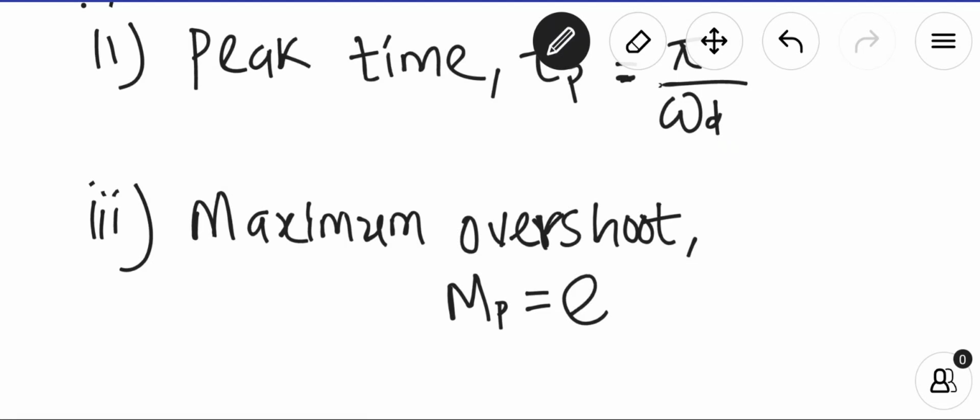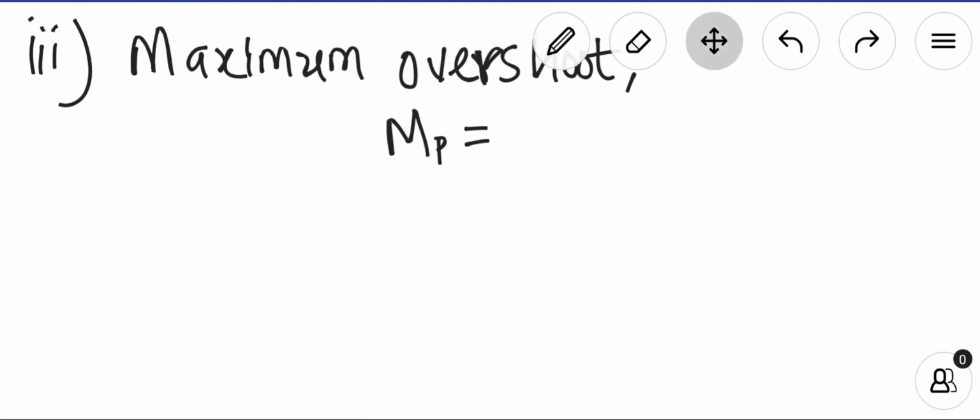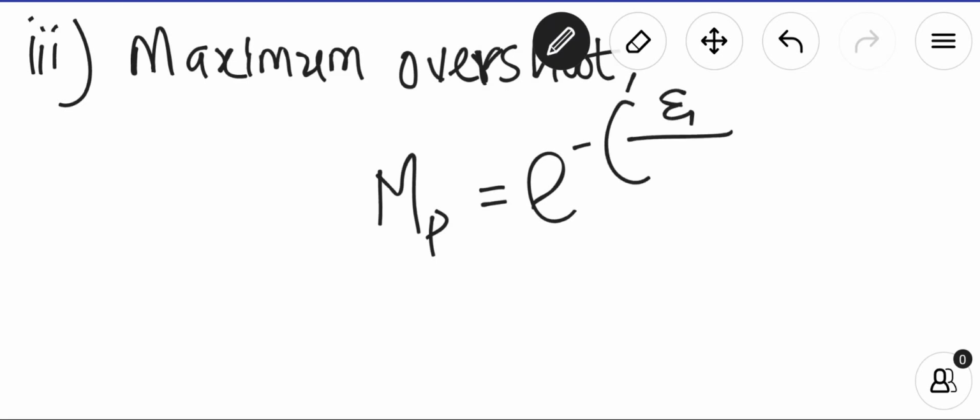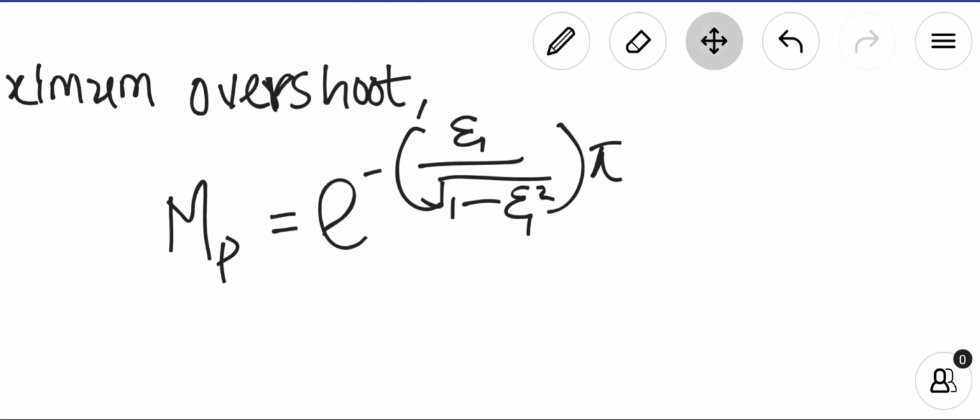This is equal to exponential of minus zeta over the square root of 1 minus zeta squared times pi, all times 100.